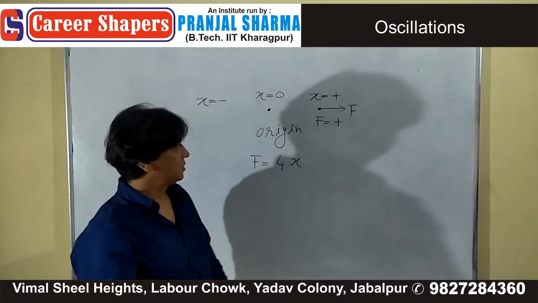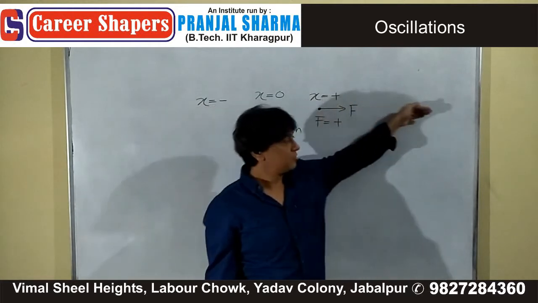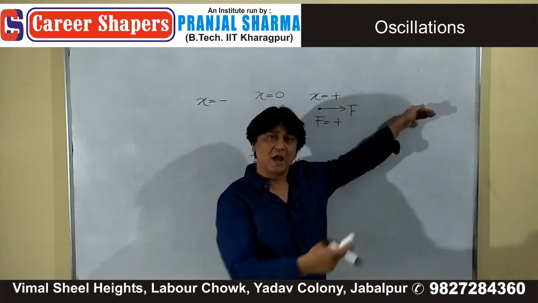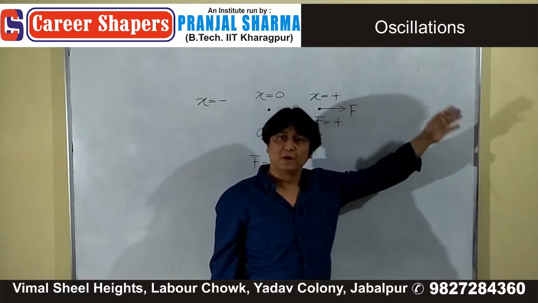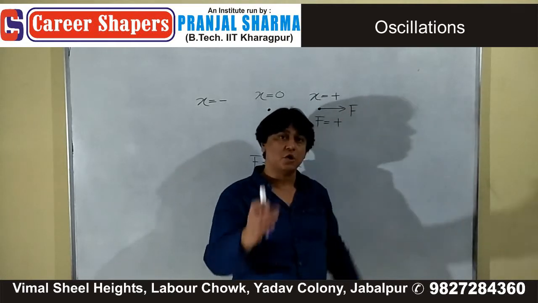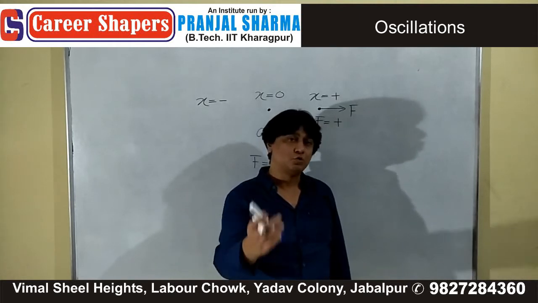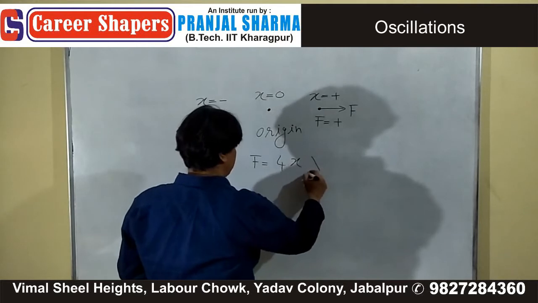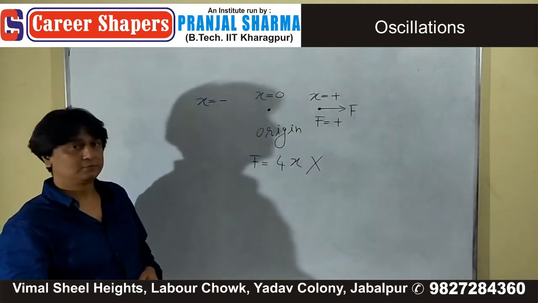This object under this force is going to move towards the positive x, that is east, and it will continue moving this side. It will never come back. And if it doesn't come back, you do not see any to and fro motion. If there is no to and fro motion, that means you do not see any oscillatory motion.